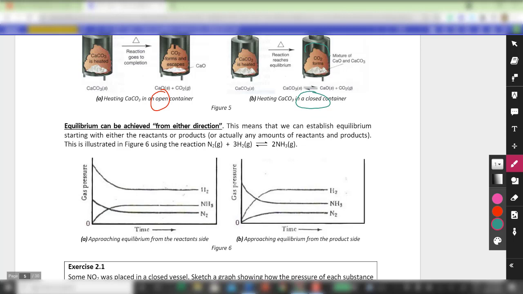For example, for this particular system, you can call hydrogen and nitrogen the reactants and ammonia the product. But for this other system, ammonia is the reactant. You get what I'm trying to say? You can say you introduced the product first and then formed the reactant, but whether you call something reactant or product is really a matter of perspective.